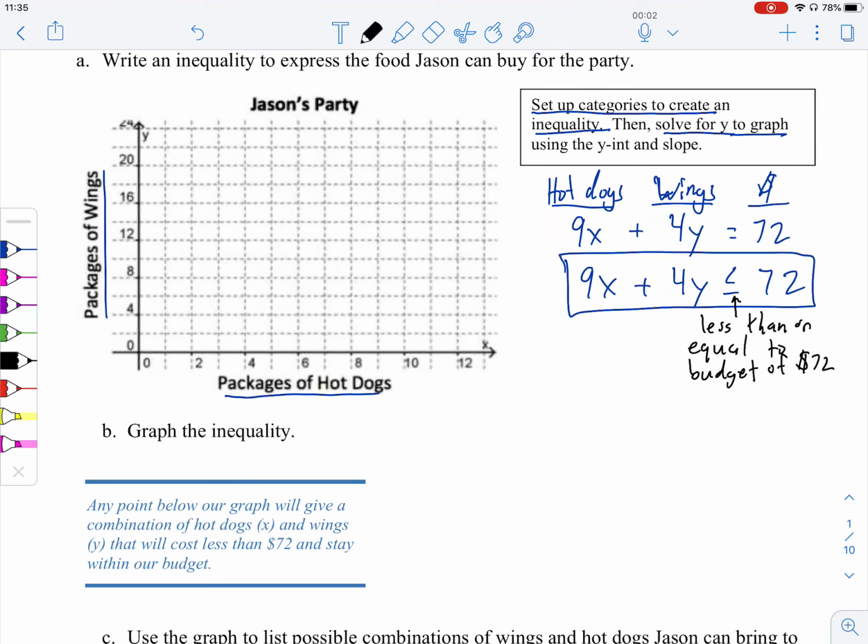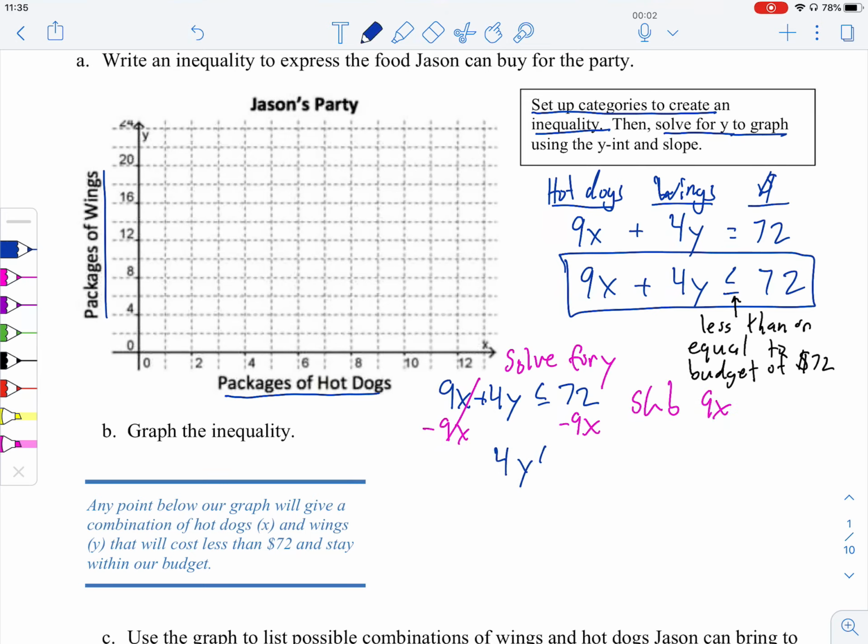Now we're going to solve, right? So we're going to solve for y. So 9x plus 4y is less than or equal to 72. So we're going to subtract 9x to both sides. First, always subtract that x on the left. Subtract 9x. So we have 4y is less than or equal to negative 9x plus 72.